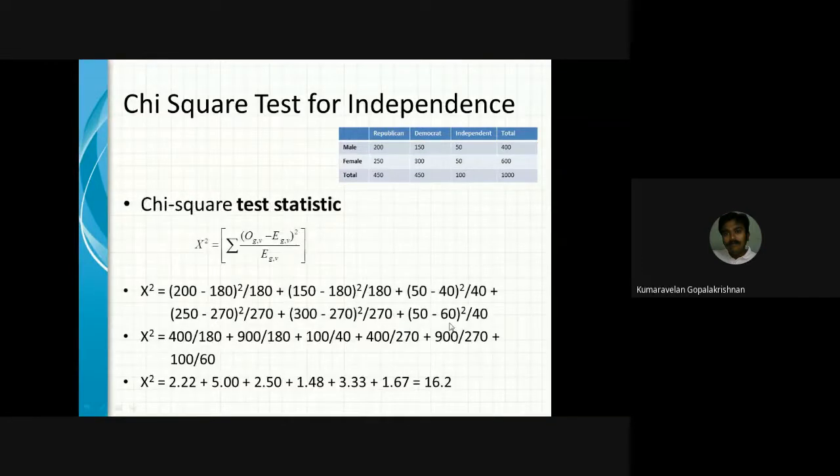I am just substituting the summation values. So this is the entire expression. Now I am doing some manipulation, and finally I got the chi-square value as 16.2.